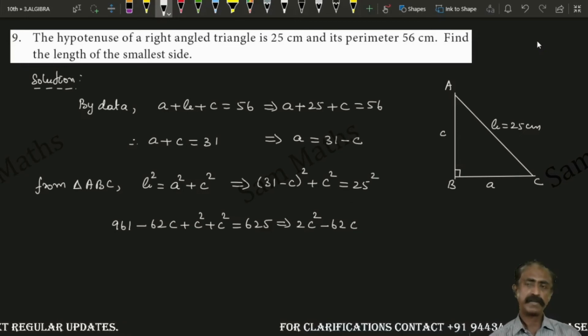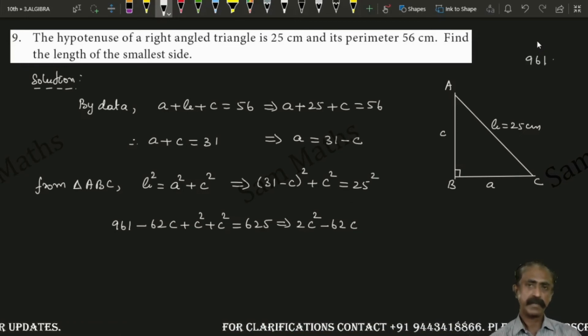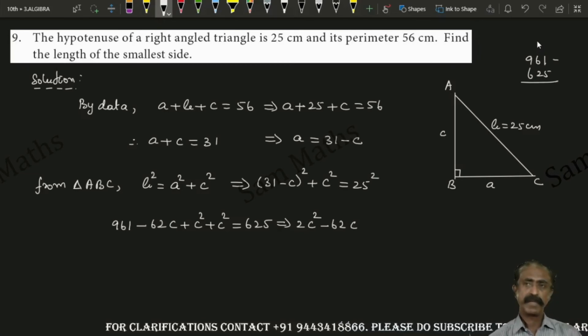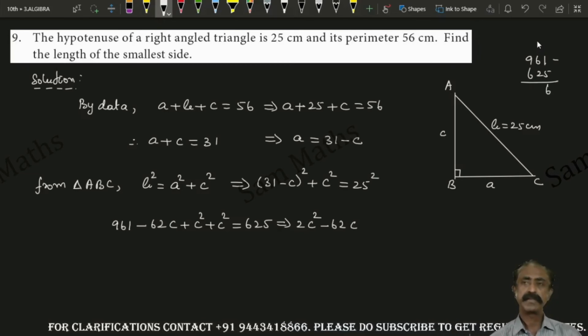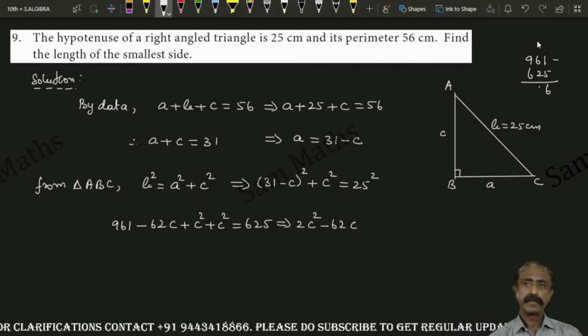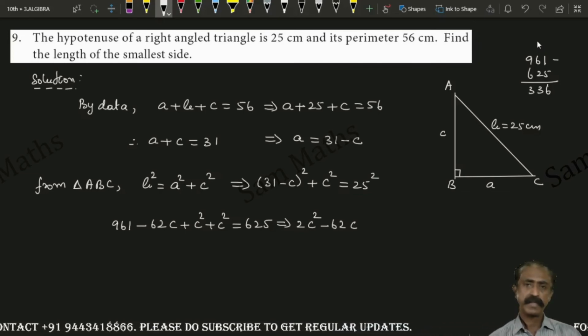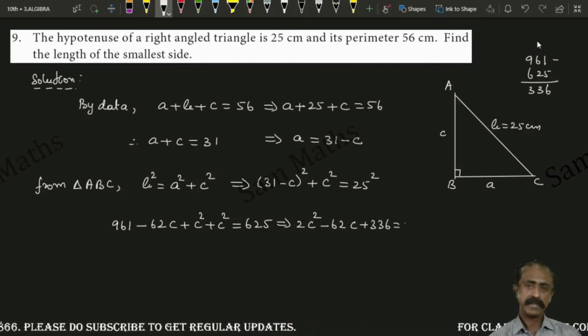Now we have to subtract 961 and 625. It becomes 336. So we are getting plus 336 equal to 0.